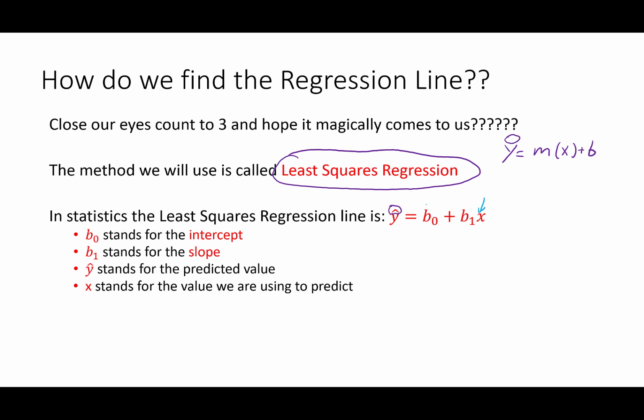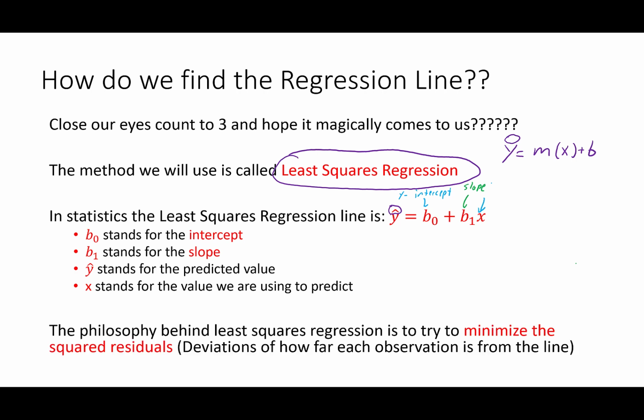B0 represents your intercept, your y-intercept, and B1 represents your slope. This will be our statistical line that best fits our data and how we'll denote it.